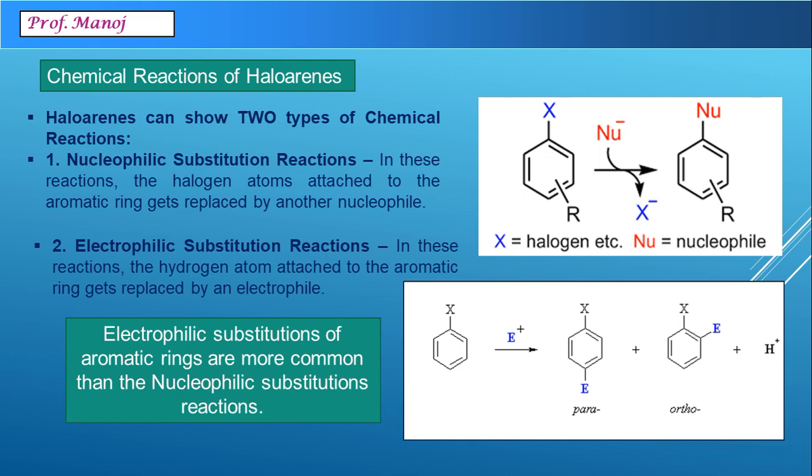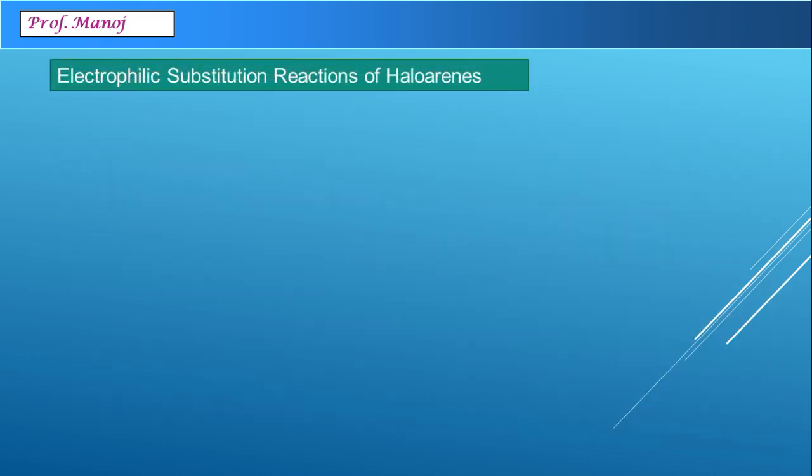Most of the time para isomers are obtained more, that is, they are called the major product. Practically, you will find electrophilic substitutions of aromatic rings are more common than nucleophilic substitution reactions. We will study these reactions one by one, and we will take electrophilic substitutions first. They are the simplest to remember.